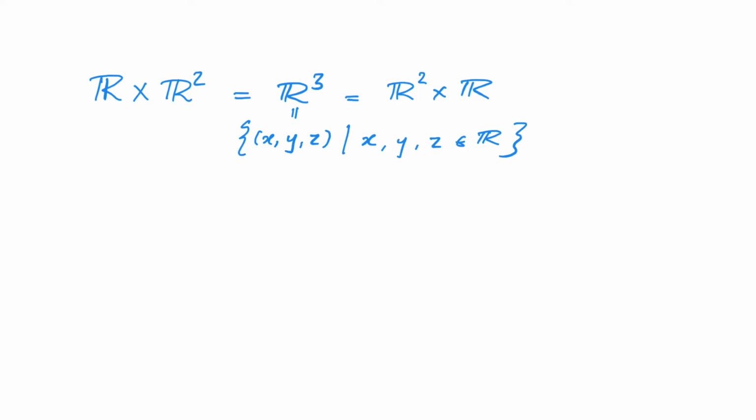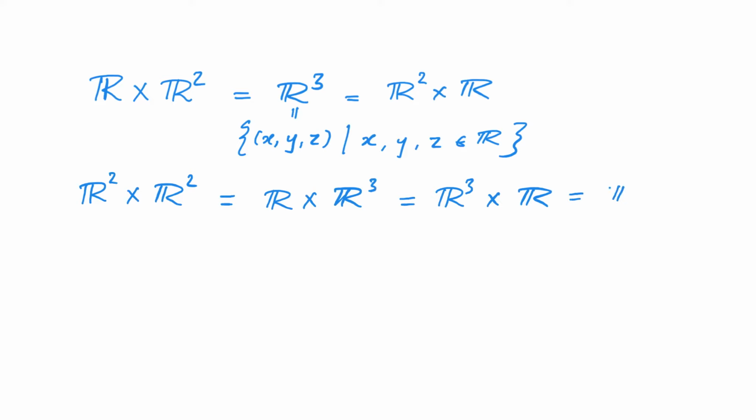Now, similarly, as soon as we have R2 and R3, we can consider R2 cross R2 or R cross R3 or R3 cross R. Once again, we will identify all these three objects and denote them as R4. But let's go through this a little slowly and explore what exactly these three objects stand for.